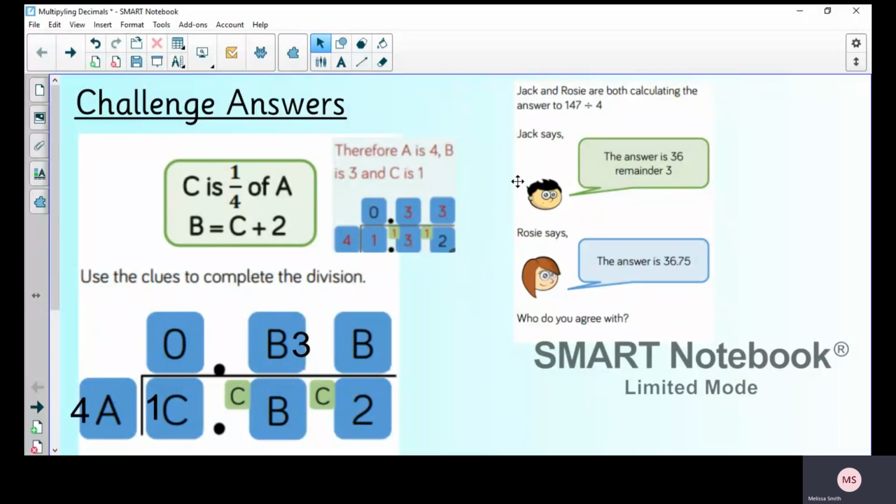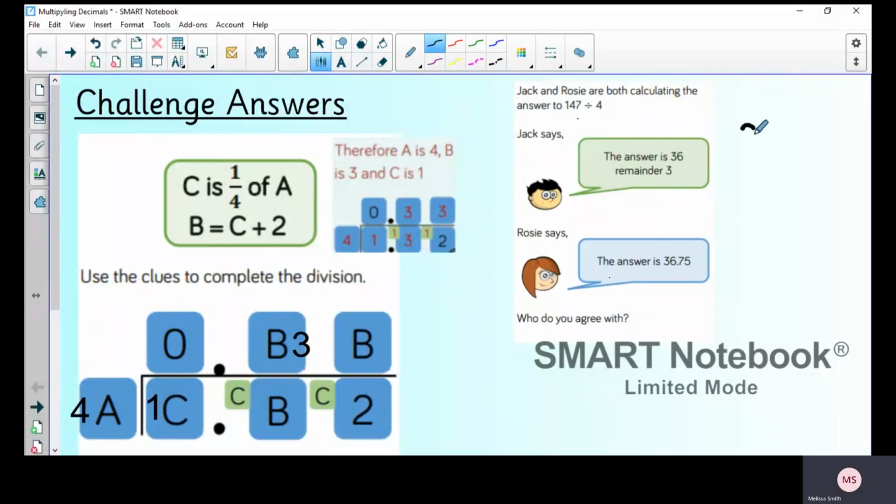And then if we have a look at this one, we've got an answer here to this division question, and Jack's saying that the answer is 36 remainder 3. Rosie said that the answer is 36.75, and your task was to work out who you agree with. Now I'm hoping that you worked out that both of them are correct, and this works because you can convert remainders into fractions and then remainders as decimals.